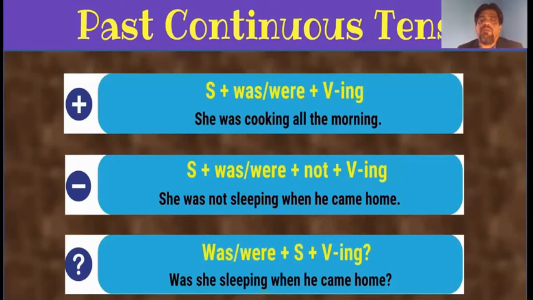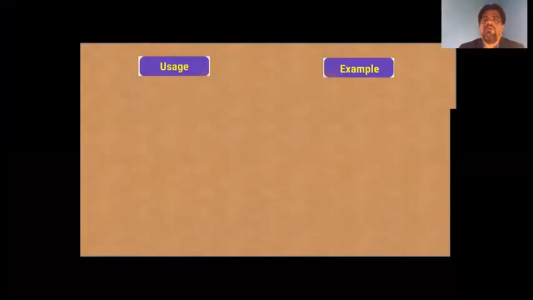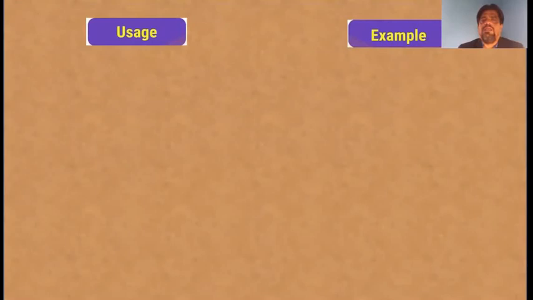The helping verb we must bring before the subject. Was he sleeping when he came home? And this is how we write the positive, the negative, as well as the interrogative past continuous tense. Let us see how we use them.